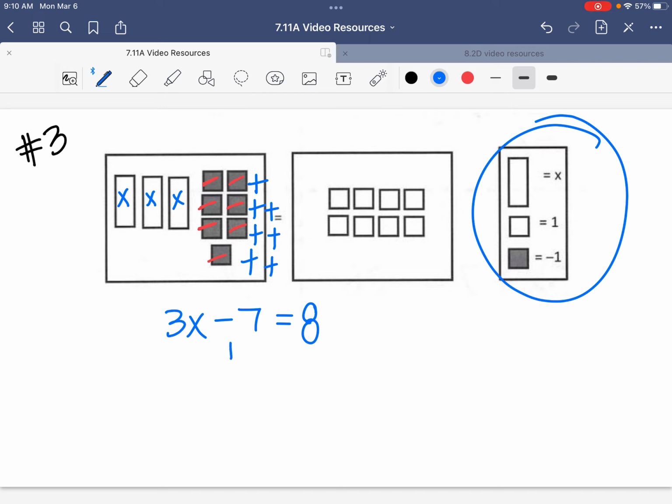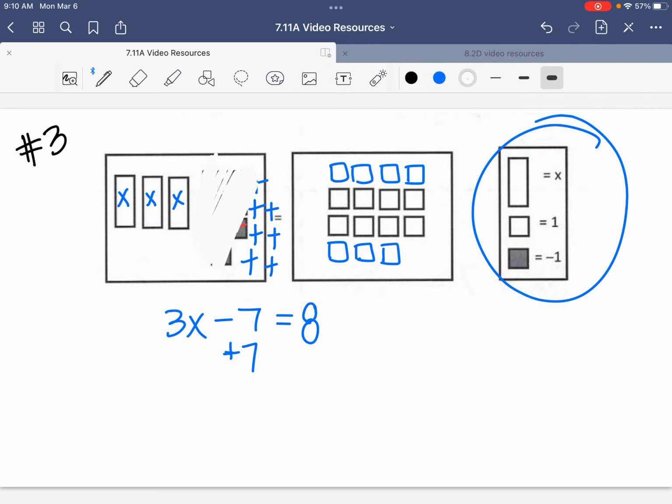So I've added 7 positives to the left-hand side. But because this is an equation and we want to keep it balanced, I must add 7 positives to the other side. So my 7 negatives and my 7 positives on the left-hand side, they create 0. So I'm just going to cover them up with white because they are gone now.